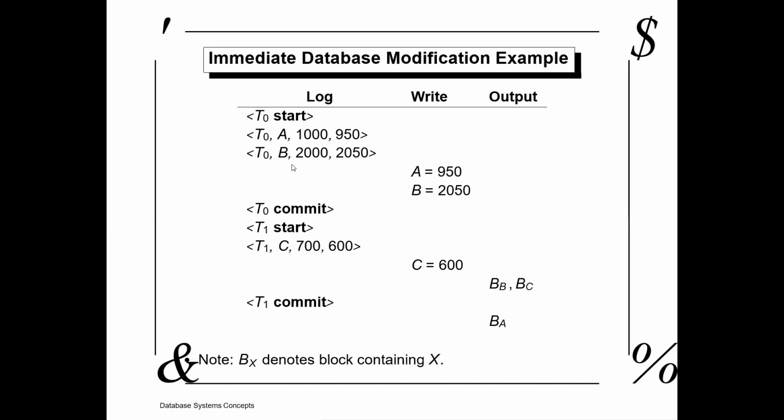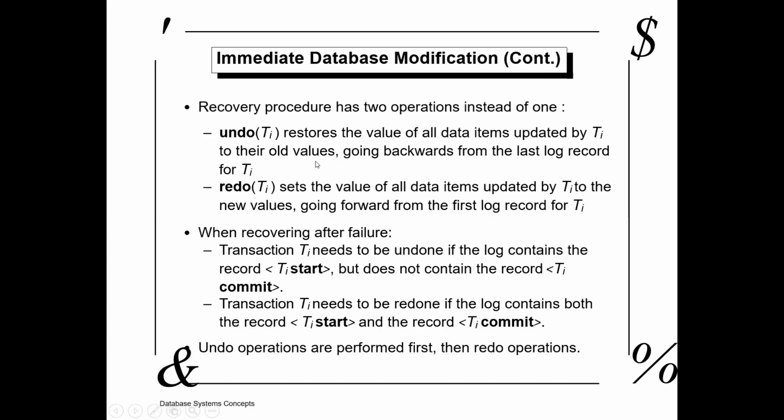Yeah, T2, comma, B, comma, 200, and 400. So in the T2 transaction, the B old value is 200, new value is 400.